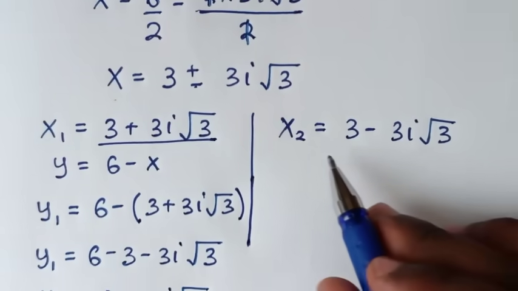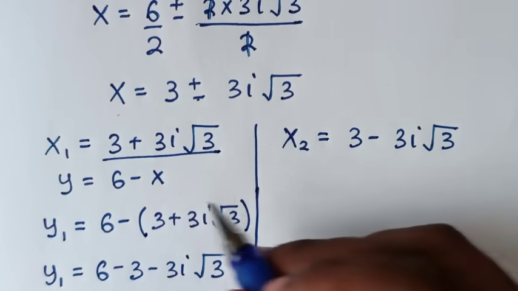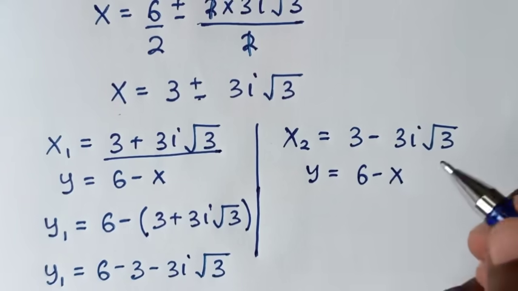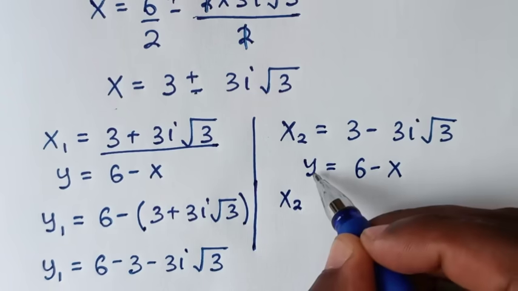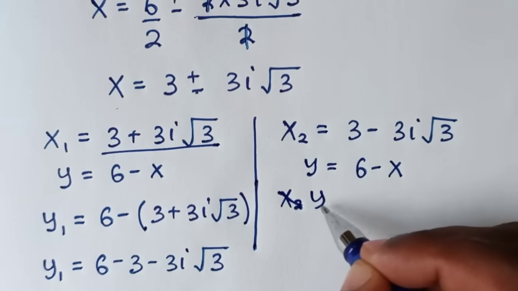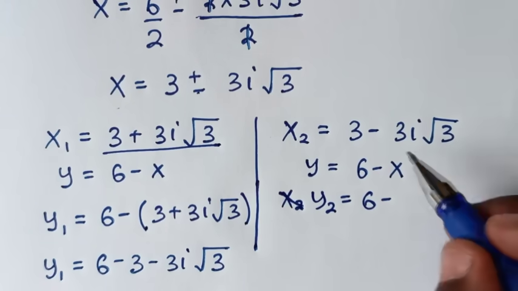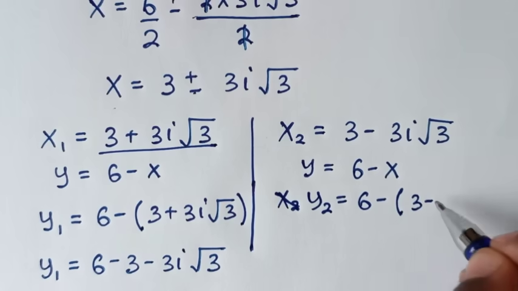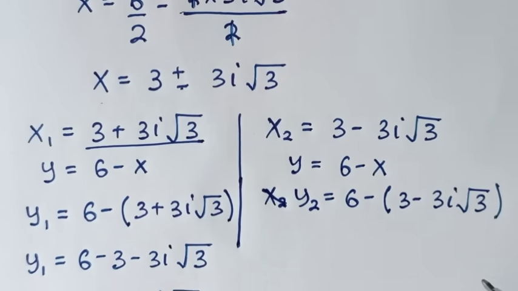Then from here, to find y2 from this y is equal to 6 minus x, y2 is equal to 6 minus x, x2 it is this, so it will be bracket 3 minus 3i square root of 3 bracket.